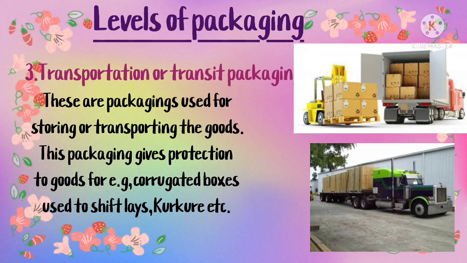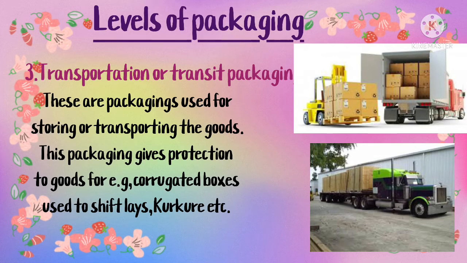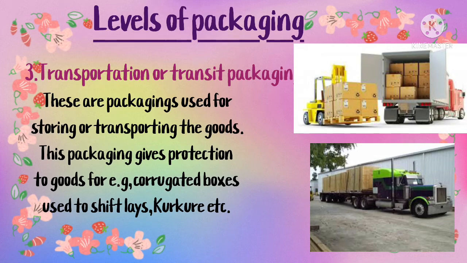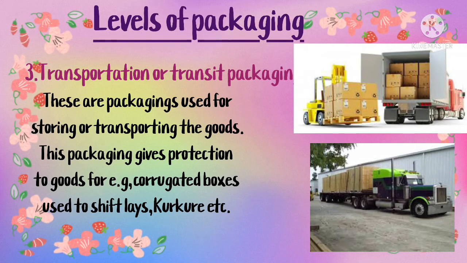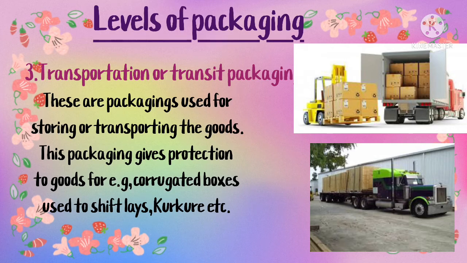For example, a corrugated box used to ship Lay's chips, Kurkure, etc. Or a toothpaste manufacturer may send the goods to the retailers in corrugated boxes containing 10, 20 or 100 units. Corrugated means the carton which we often use in shops or by people.